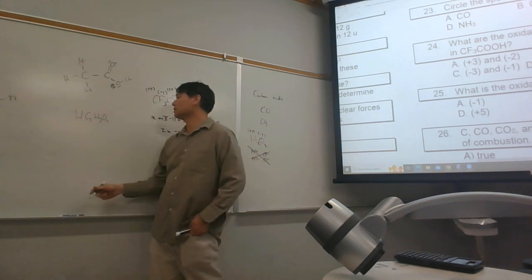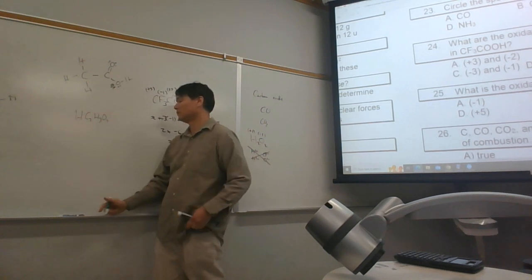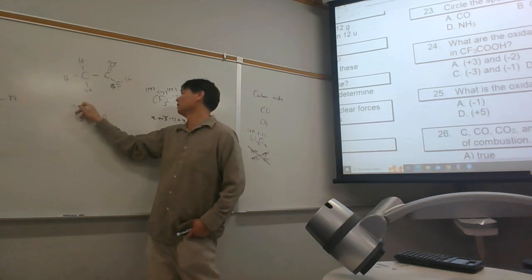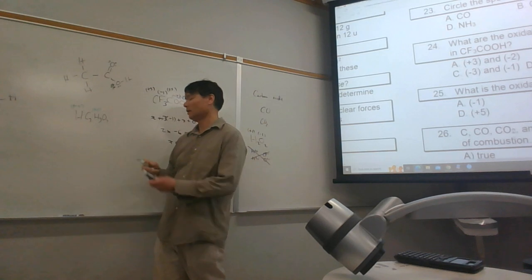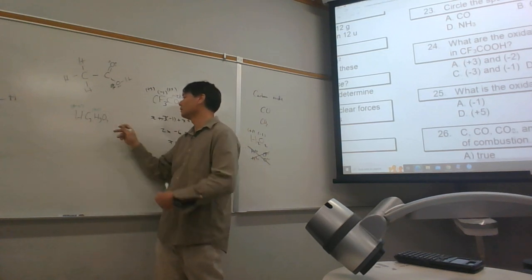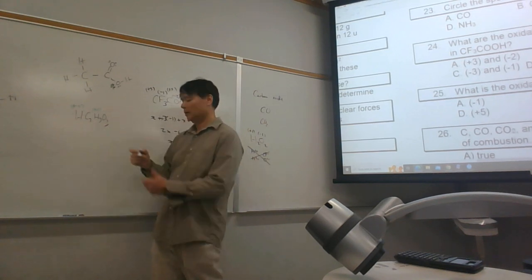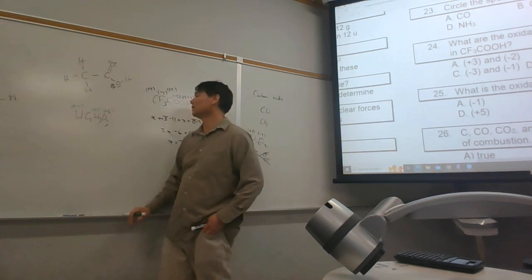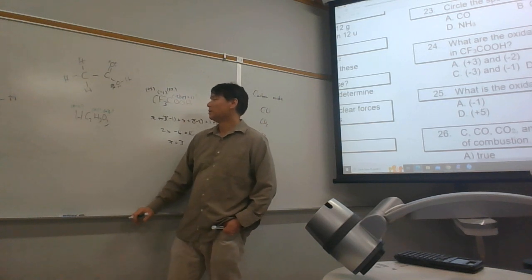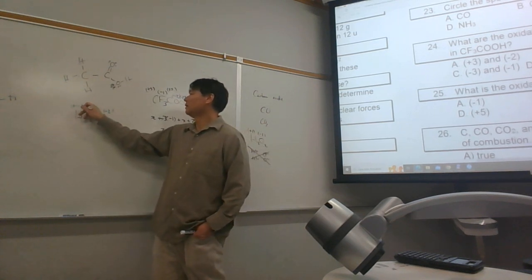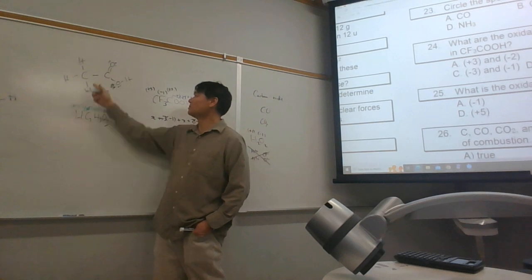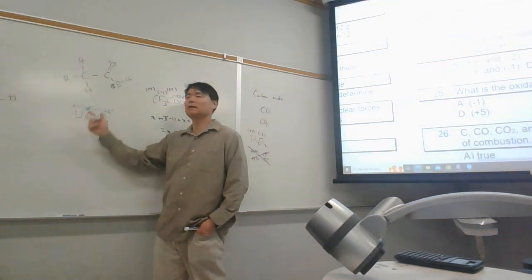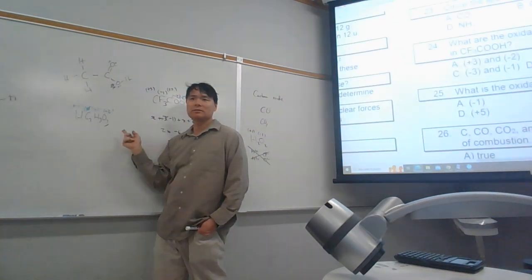Hydrogen, carbon, or oxygen? Hydrogen at plus 1. And then oxygen at minus 2. And that means we have to figure out what carbon is. And so what is carbon? 0. Now that means both of the carbons are 0. Is that correct?